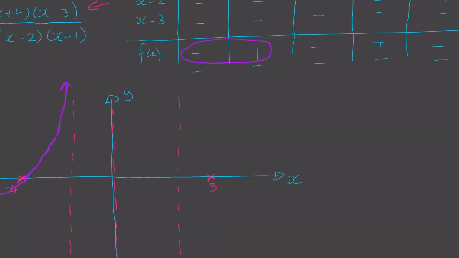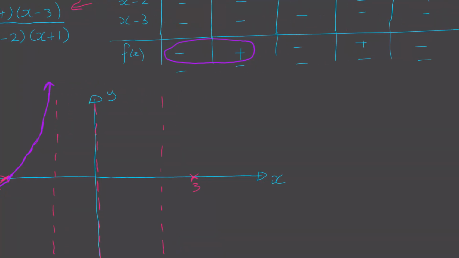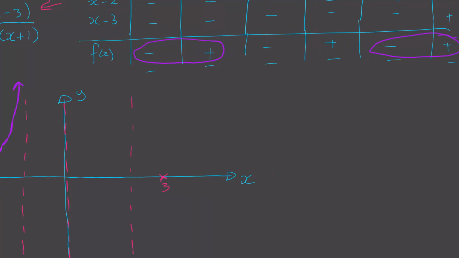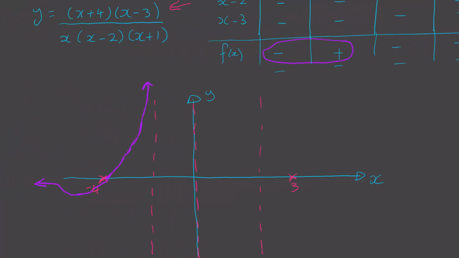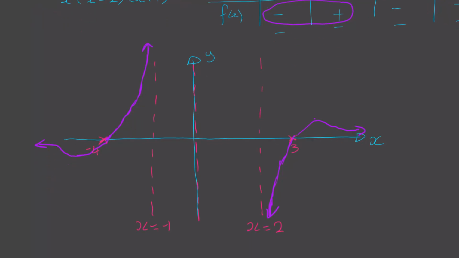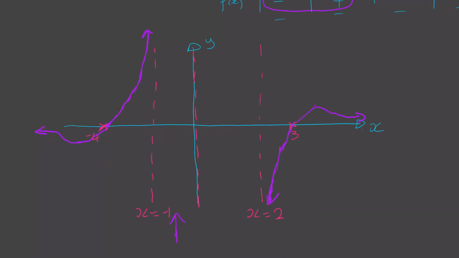Something similar is going to happen at the other end of the graph. If we look at these two regions, the graph must be negative here, so coming in from the asymptote, has to be 0 at 3, but then it has to tend to 0. So it must have a maximum point and then curve over. So we know that the graph has to be negative in this region just here.